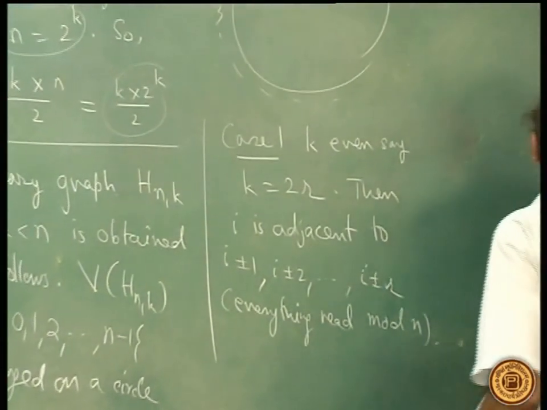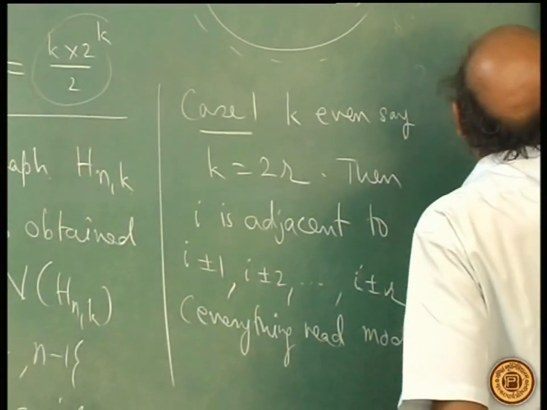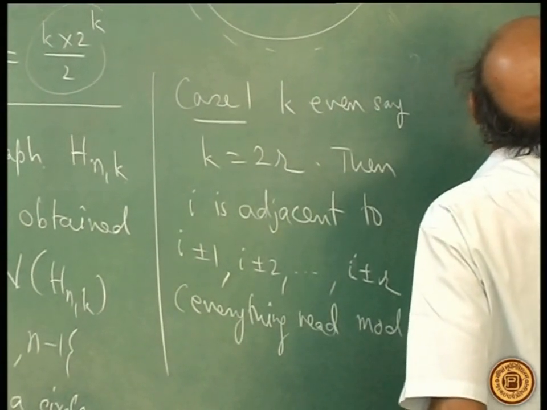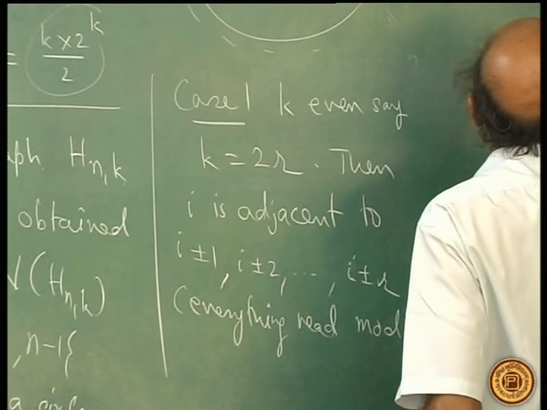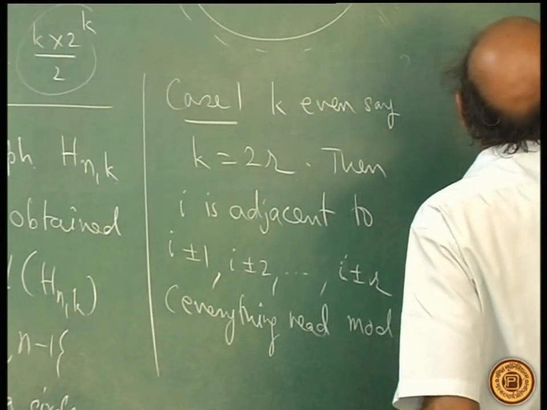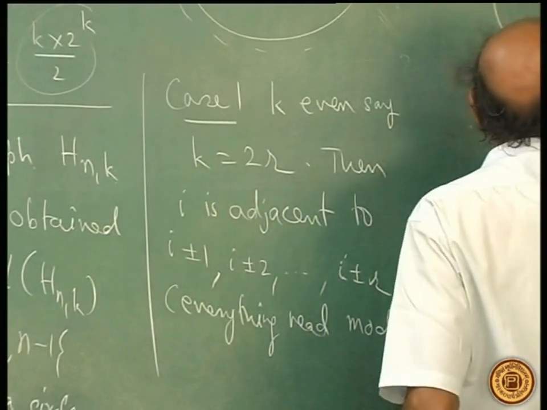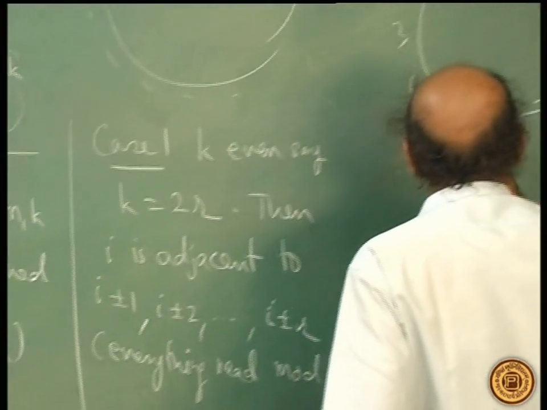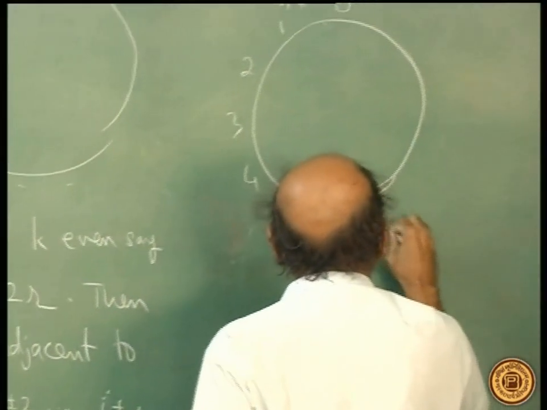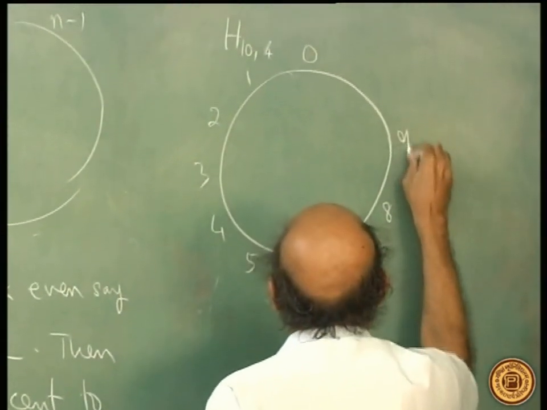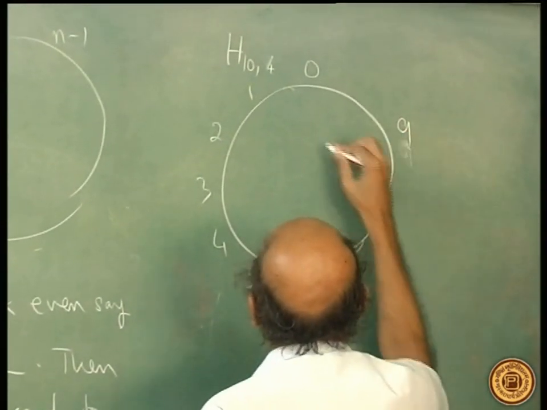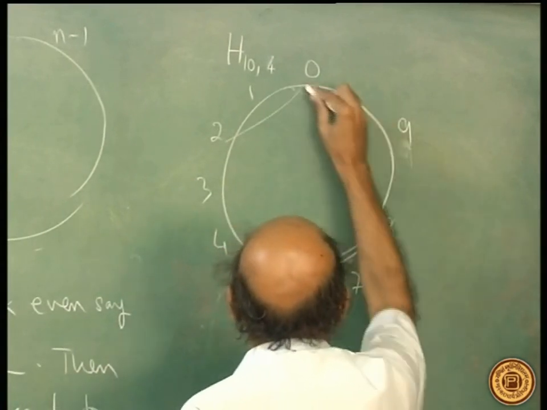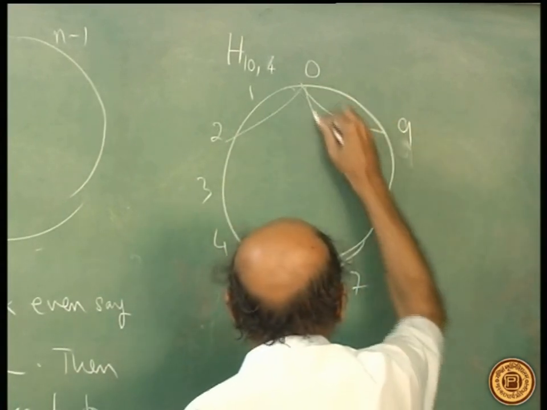For example, if I want to have a Harary graph on vertices 0, 1, 2, 3, 4, 5, 6, 7, 8, 9: 0 is adjacent to 1, 0 is adjacent also to 2, 0 is adjacent to 9, which is the same as minus 1.